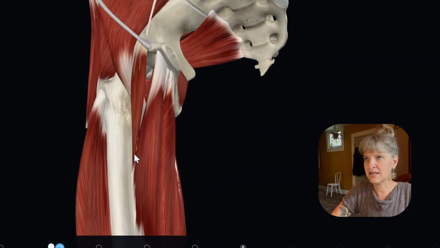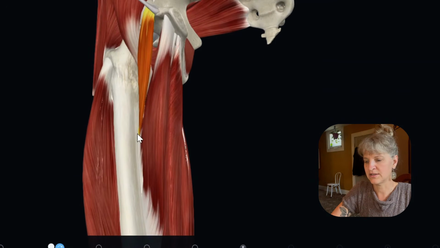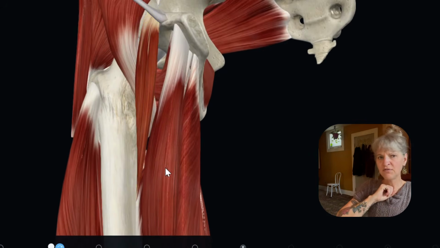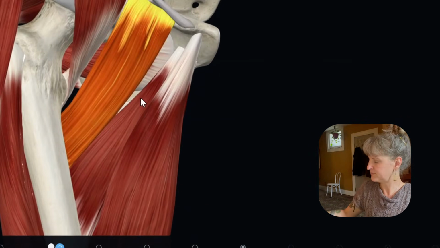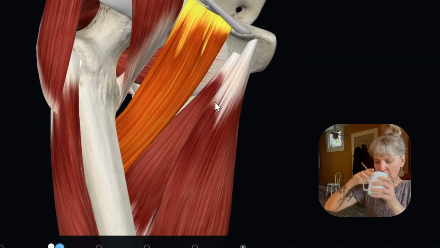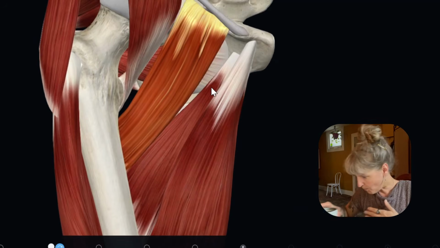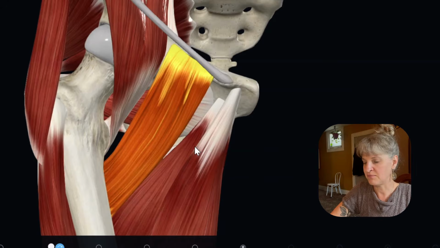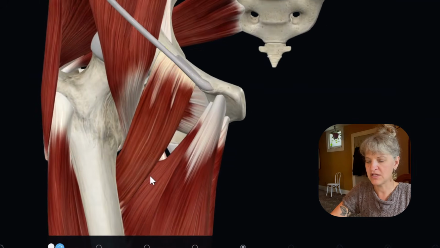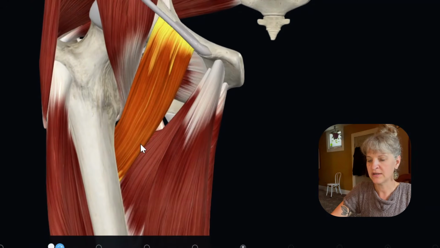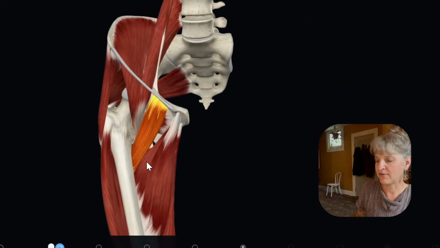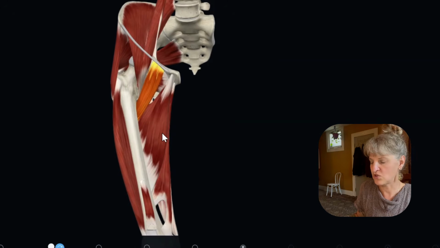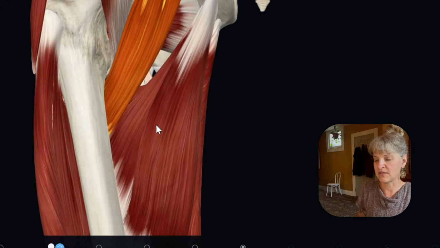So it's got the shortest line of pull, so it can be the tensest. So adduction, obviously. Medial rotation, bringing that knee inward, and it does help with some hip flexion as well. So it can be chronically short, from people squeezing their legs together and from being in a sitting position.